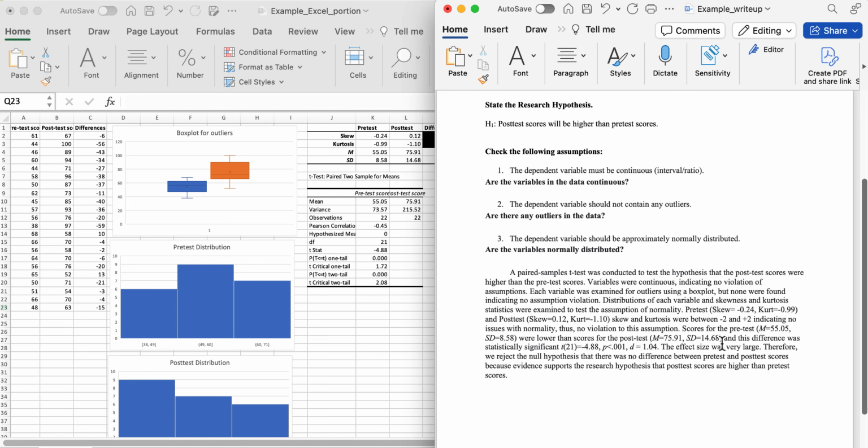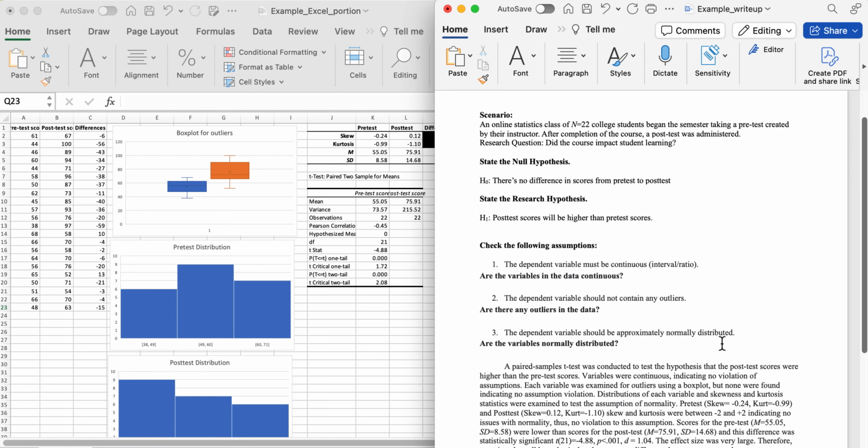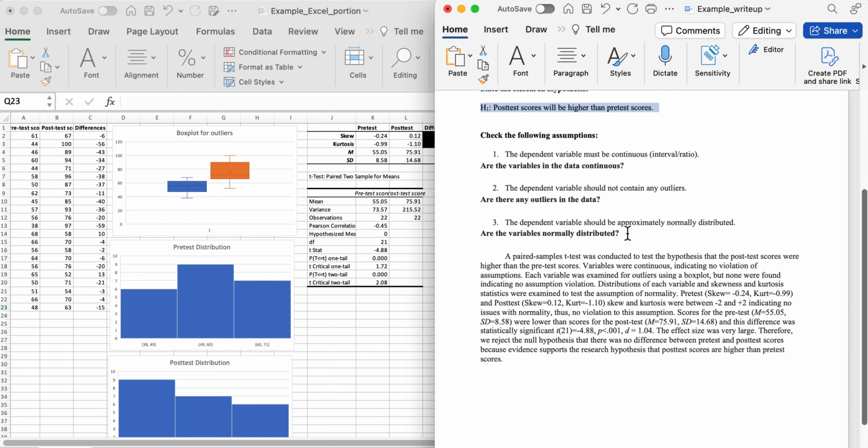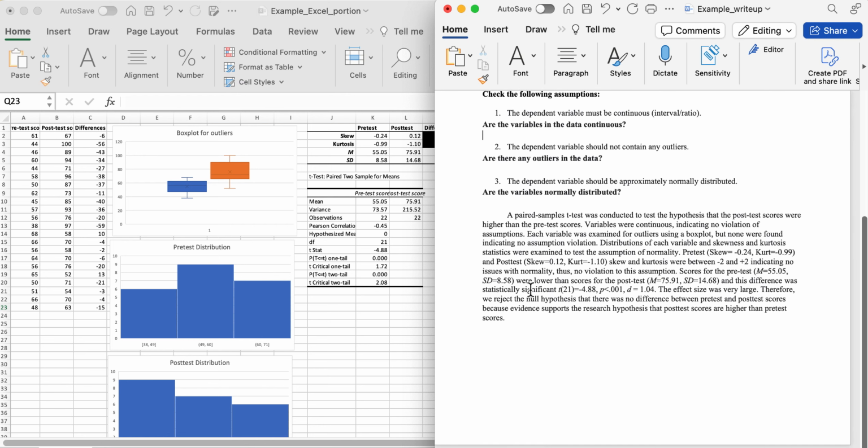And then for the write-up, you will have to write your null hypothesis and your research hypothesis. You don't need to do anything here, but you are welcome to write something in if it helps you remember. But this is not something that I'm putting on a rubric to grade or anything like that. So you don't need to have anything written there because you are going to mention it here.